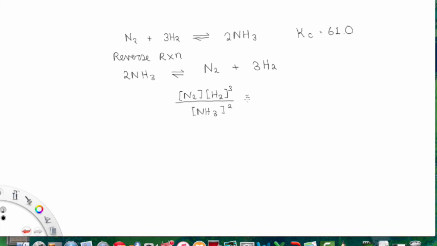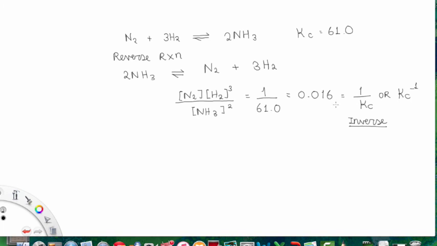The relationship between the forward and the reverse reaction is that it's going to be the inverse. So this is going to be 1 over 61.0, which is 0.016, and this is called 1 over Kc, or Kc to the power of -1. The forward reaction and the reverse reaction are related to one another, and the reverse is the inverse Kc of the forward reaction.